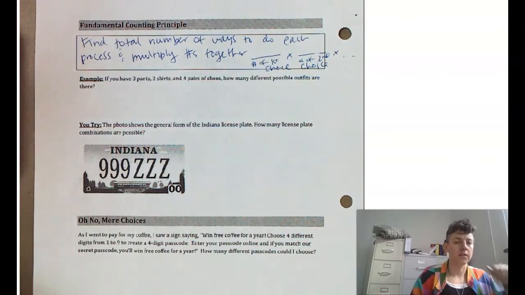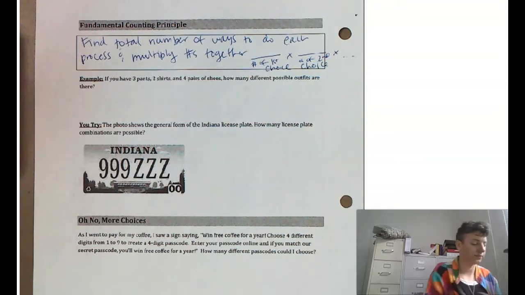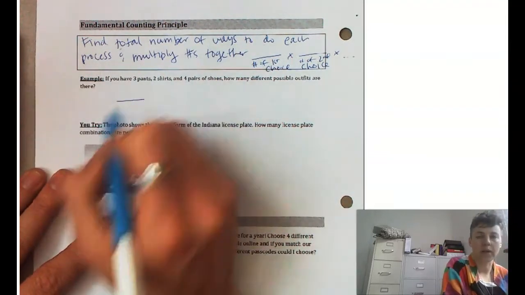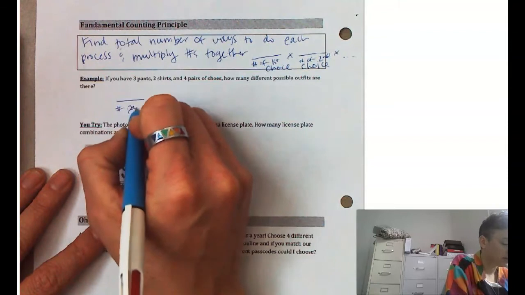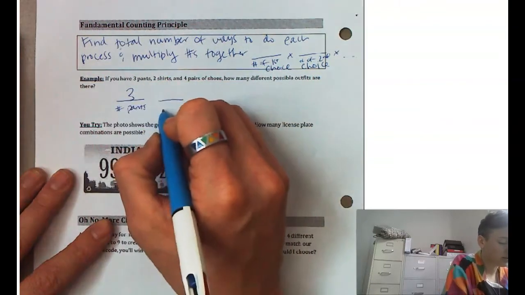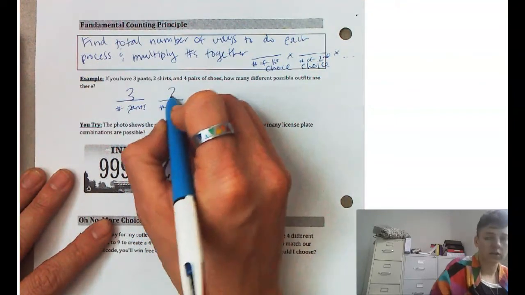So let's look at an example here. If you've got 3 pants, 2 shirts, and 4 pairs of shoes, how many different possible outfits are there? Well, what are our total numbers of ways for each process? Total number of pants options, we've got 3. How about the shirts? We've got 2.